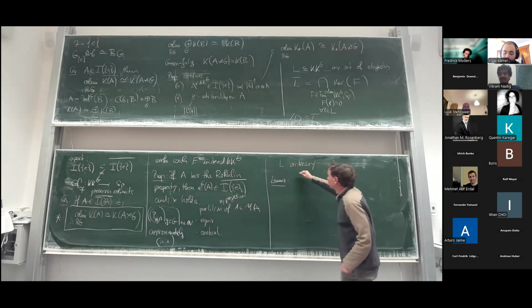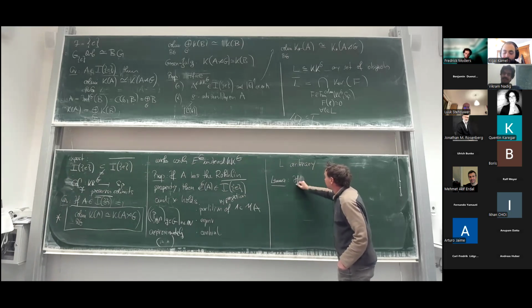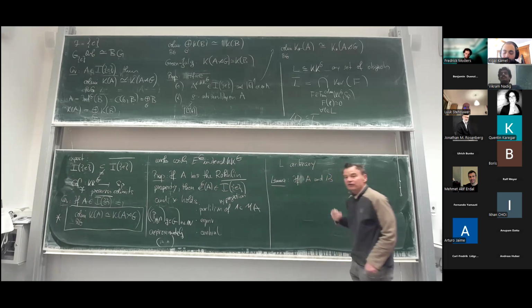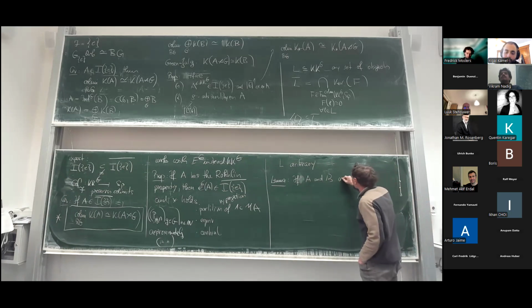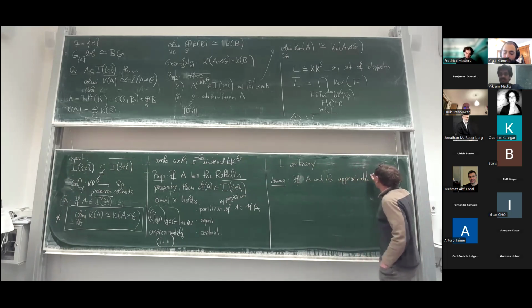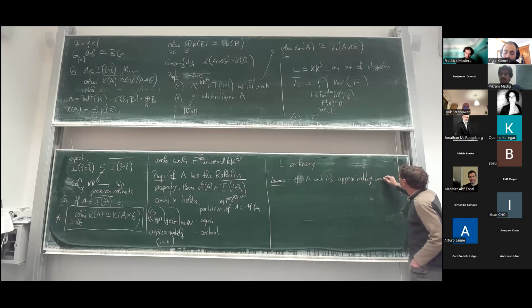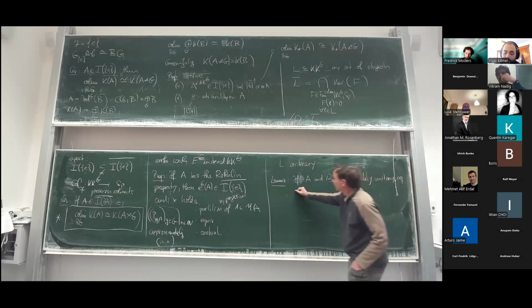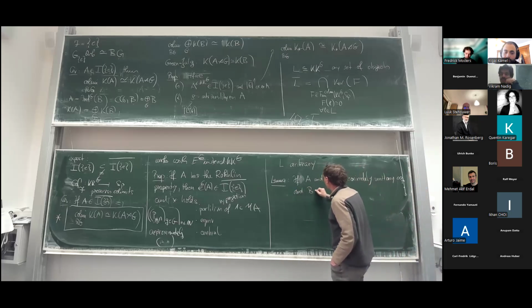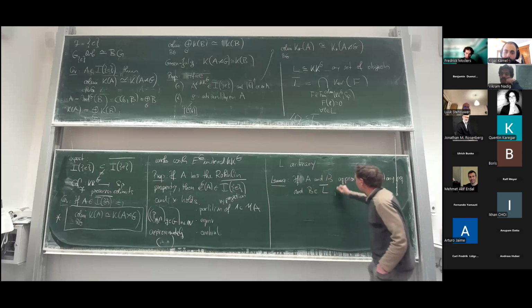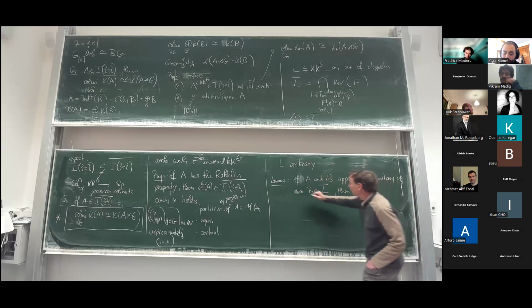If A and B are approximately unitary equivalent, and B is in L bar, or maybe write EG of B, then also EG of A.